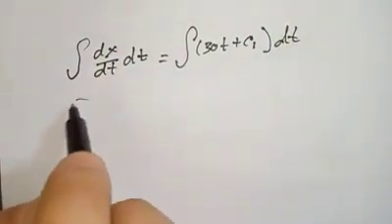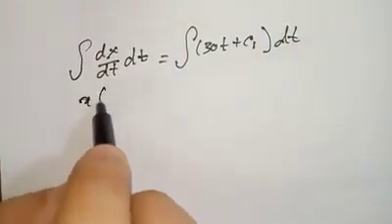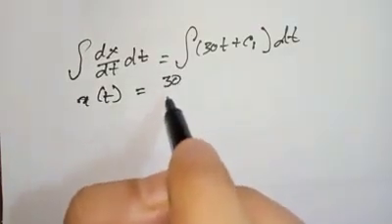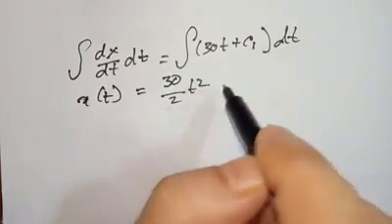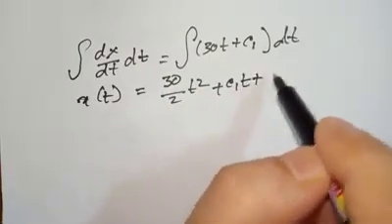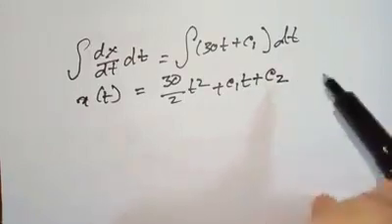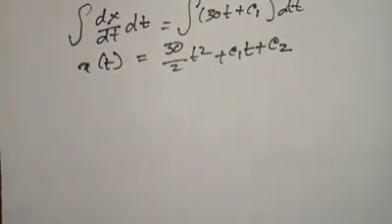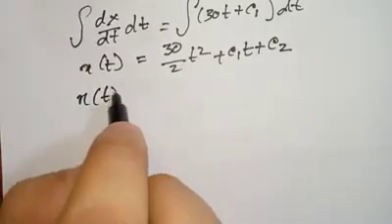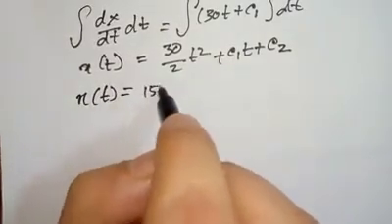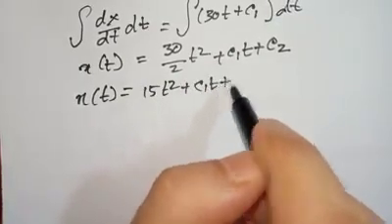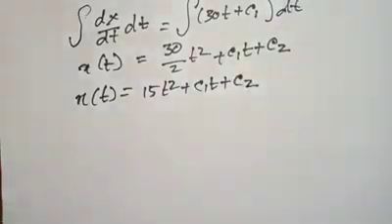Then on the next step, we get x of t, x is a function of time, equals 30 divided by 2 t squared plus c1t plus c2. And on the second step, we can write x of t equals 15t squared plus c1t plus c2. Now this is a clean, neat one.